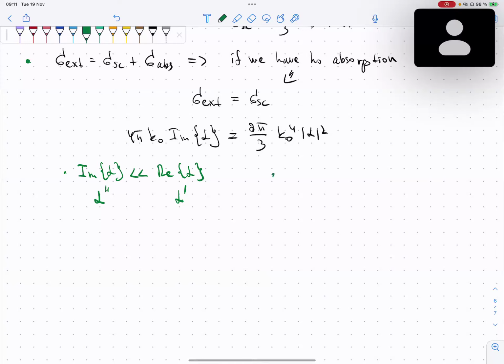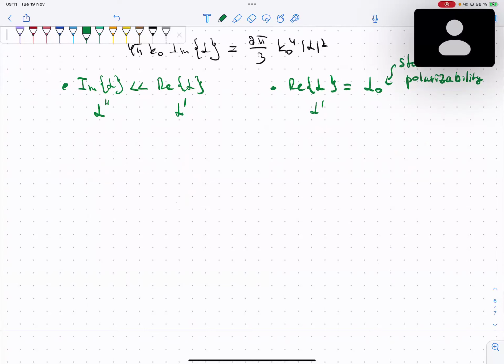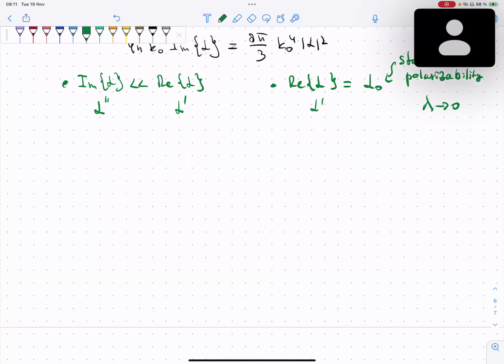And because the particle is very small, we can say that the real part of polarizability equals alpha 0, which is the static polarizability. Basically, this is the polarizability in the limit lambda goes to 0.